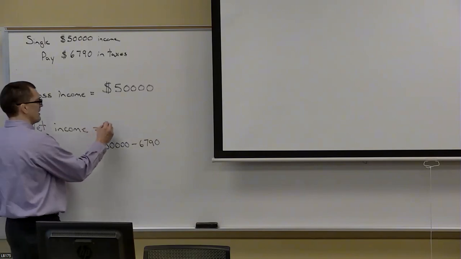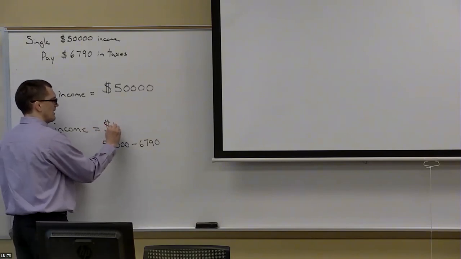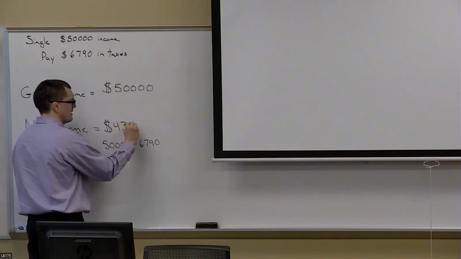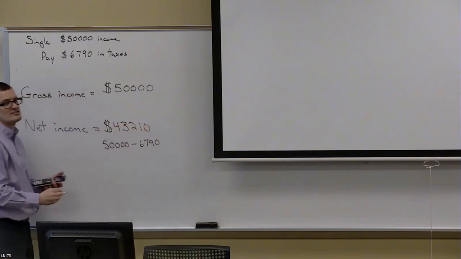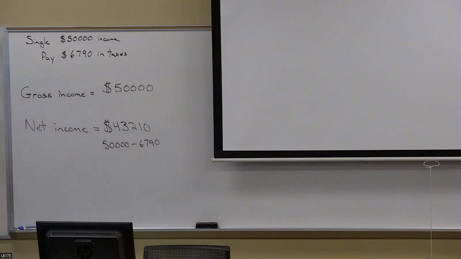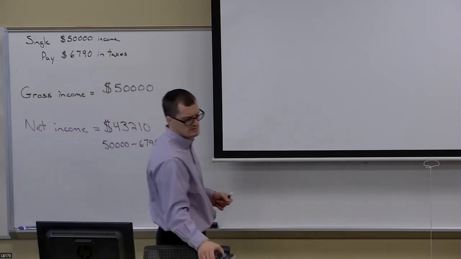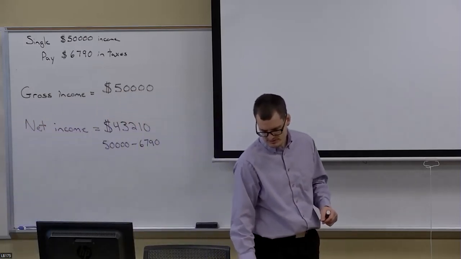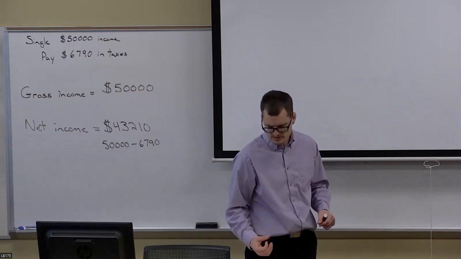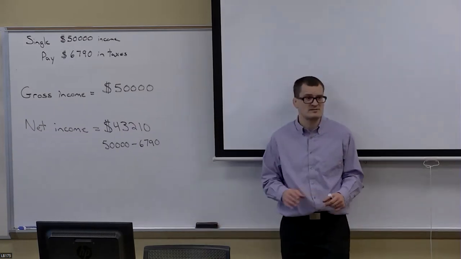So their net income is actually 43,210. And that's just the net after federal taxes are withheld. If you also withhold state taxes, and you might withhold Social Security, and you might withhold some other stuff, then it might be even less than that, right? Is that all right? Gross versus net.